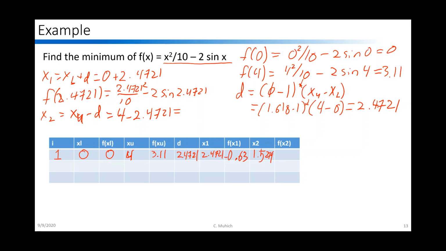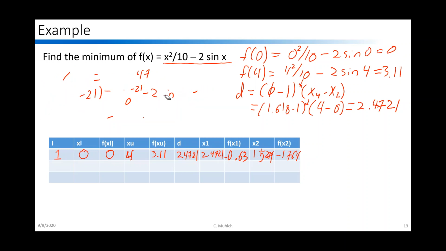And then I can punch this number into my f equation. I'm not going to go through the math here, but this is negative 1.764. Okay, so now I have all of my 4 numbers that I want to look at. I'm going to erase some of this math so that we have some more space to work.